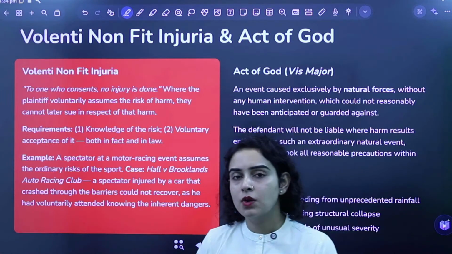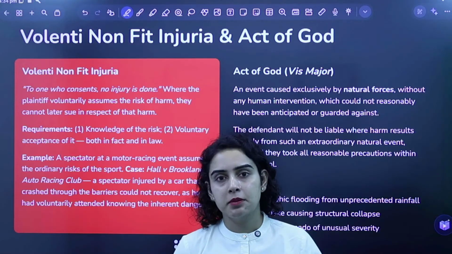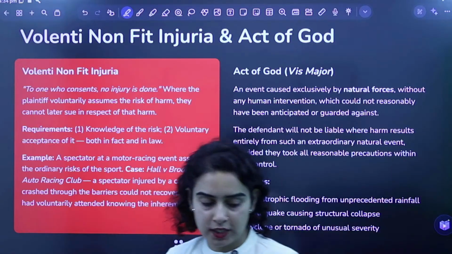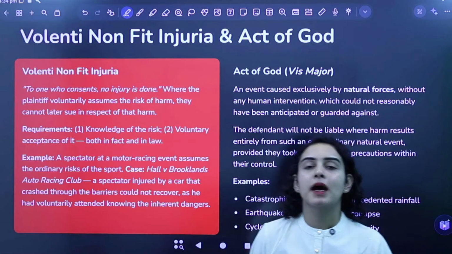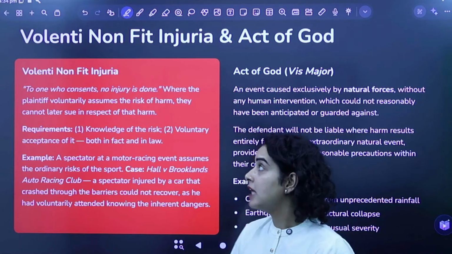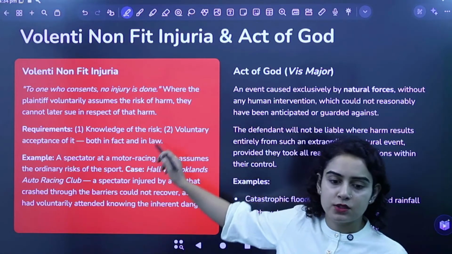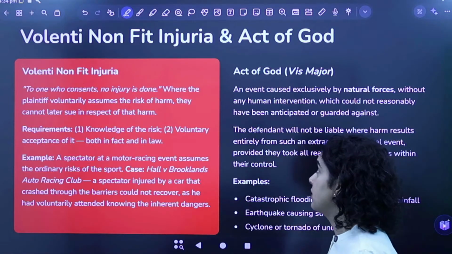So now you cannot go and say that, okay, this batter has hit me, I need compensation from him, I need money back from him, right? You cannot do that. Why? Because you were aware that if you're sitting in the stadium, it might happen to you. So in that case, you have consented to that situation and it is known as volenti non fit injuria. You cannot seek any legal benefit.